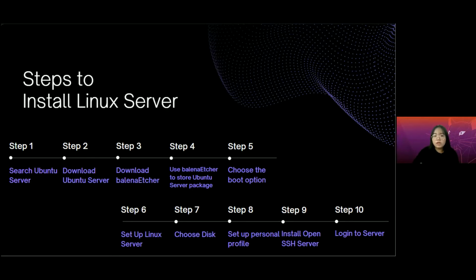The purpose of installing this OpenSSH server is to enable secure remote access to our server. We need to install this server because we need to add other users to access our server. Now we are at the last step, which is log into the server. When we have done all the steps above, the installation of the server will start.